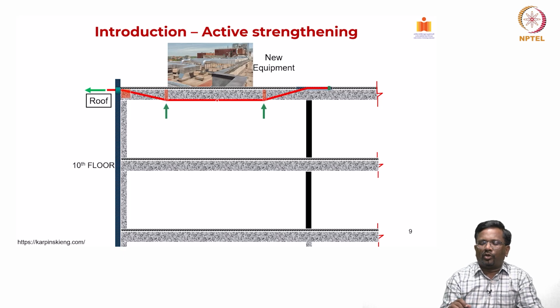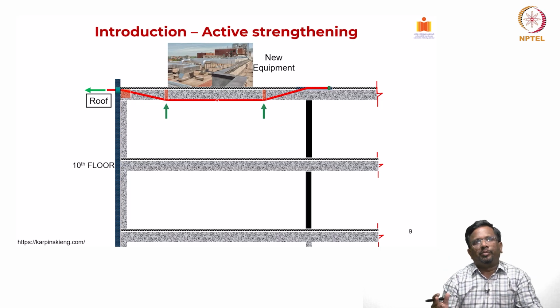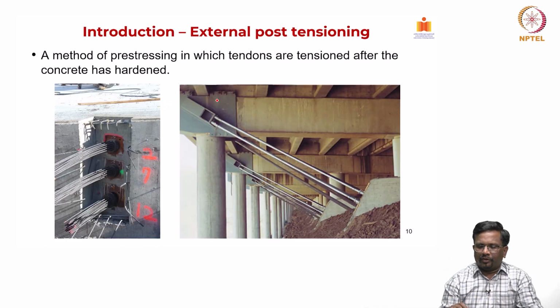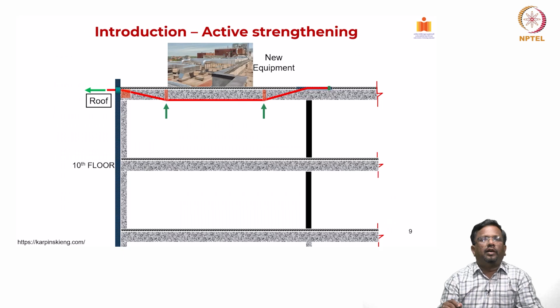If I know the amount of load that is coming, then I can design an external PT system so that it creates an uplift force which is exactly equal or maybe higher than that of the new equipment. In this way, without much alteration to the size of the member, I can quickly put in a PT cable, but of course, these anchorages have to be designed properly, and we need to make sure that by applying this PT force, we are not going to damage the existing structure.